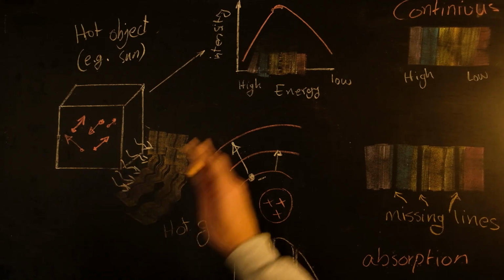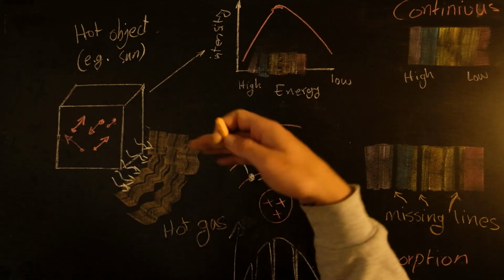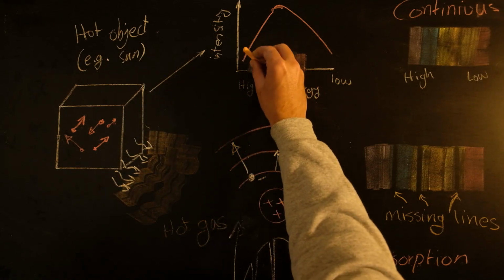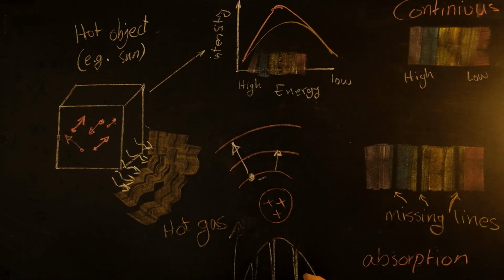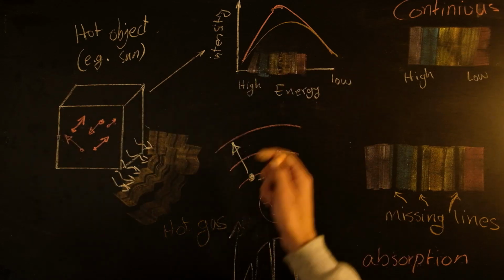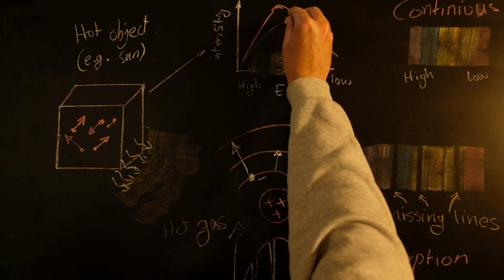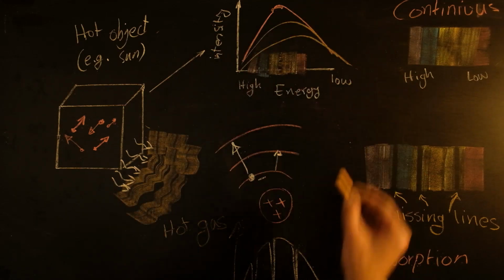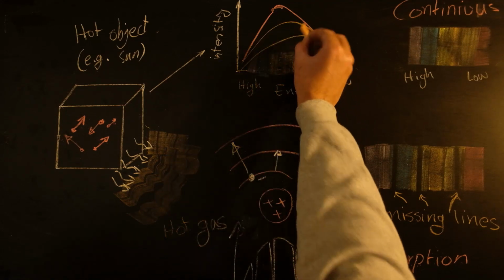If I decrease the energy, the average dominant energy will move to lower energy, so it will look like this, right? So this is lower temperature or lower energy, and you can see in this case orange is dominant. If you move to lower energy, it will look like this, and you can see in this case red is dominant.